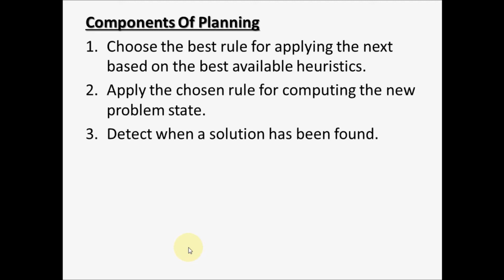You may not get the ideal solution in most AI problems, but the nearest or the most feasible solution will be considered. So this is the third component of planning.